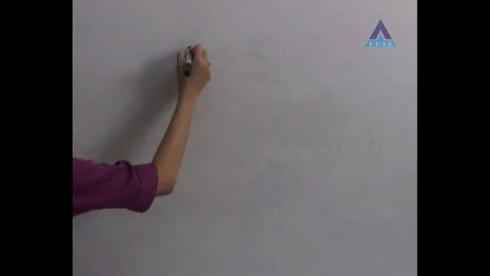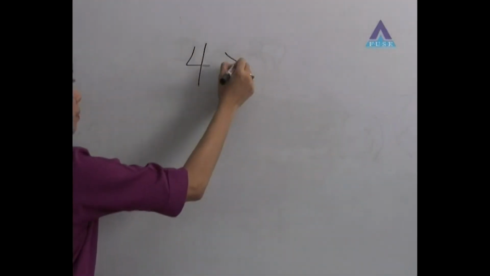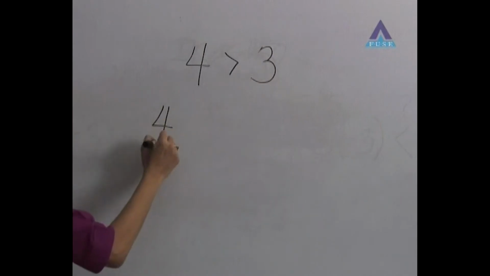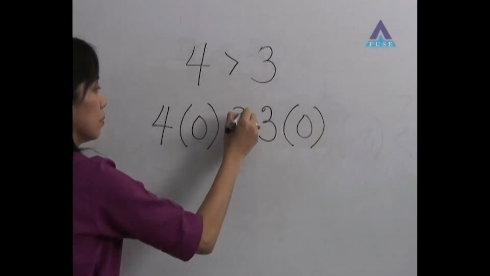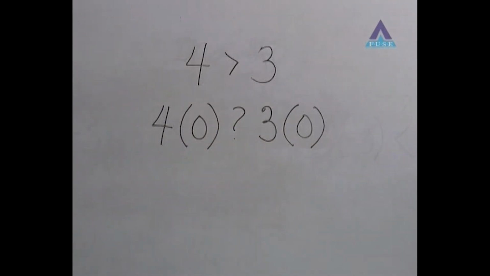Ma'am, why should c not be equal to 0? Let's see. Let's consider the inequality 4 is greater than 3. If we multiply both sides of the inequality by 0, what will happen? Oh, I see.